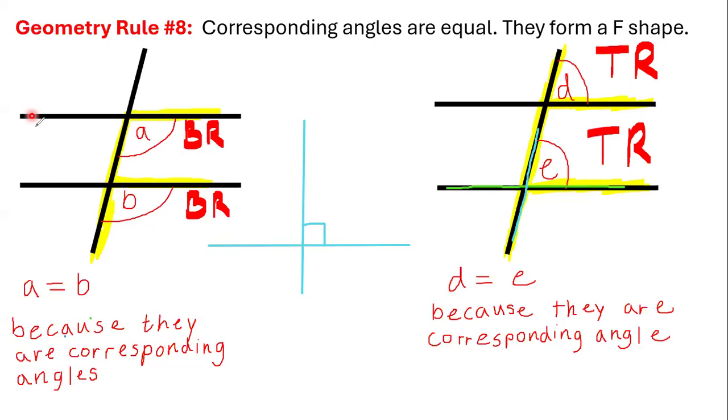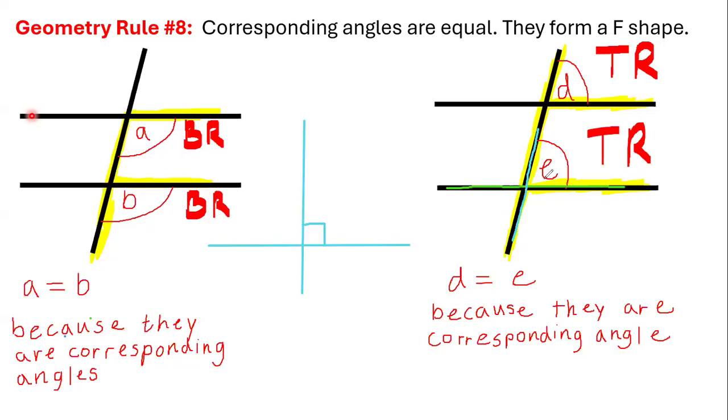The way I got 90 is I look at E, I see it on a straight line. Angles on a straight line that meet at a common point add up to 180. E would technically be half of it, so that'd be 90. That's the assumption right there. We don't know if E is half of it.